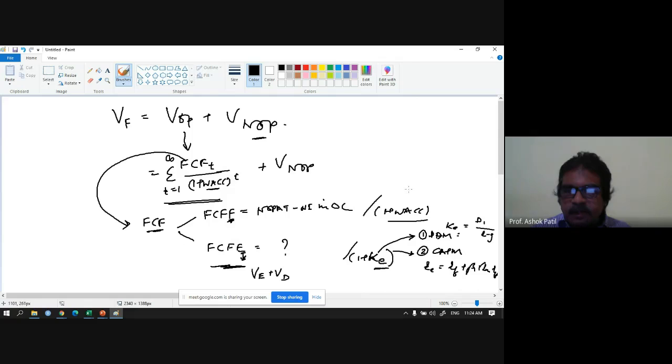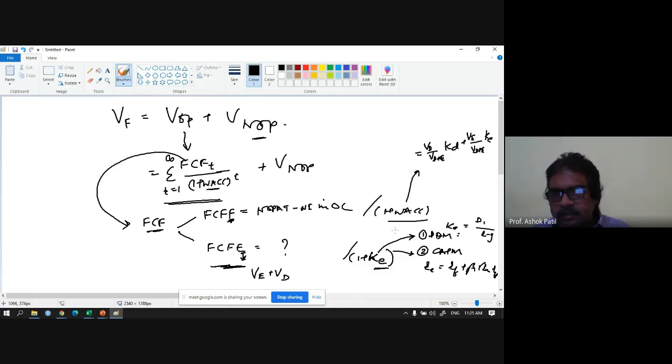WACC, we already know how to calculate the weighted average cost of capital. WACC will be equal to the portion of debt divided by the portion of debt plus equity, multiplied by cost of debt, plus value of equity divided by the value of debt plus equity, multiplied by cost of equity.